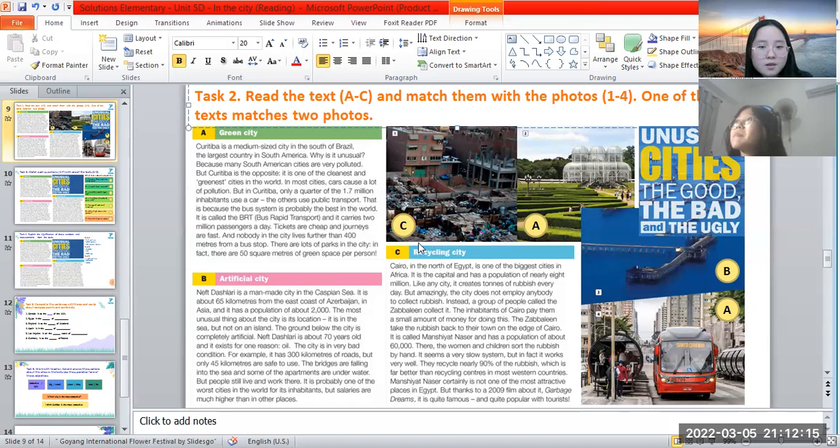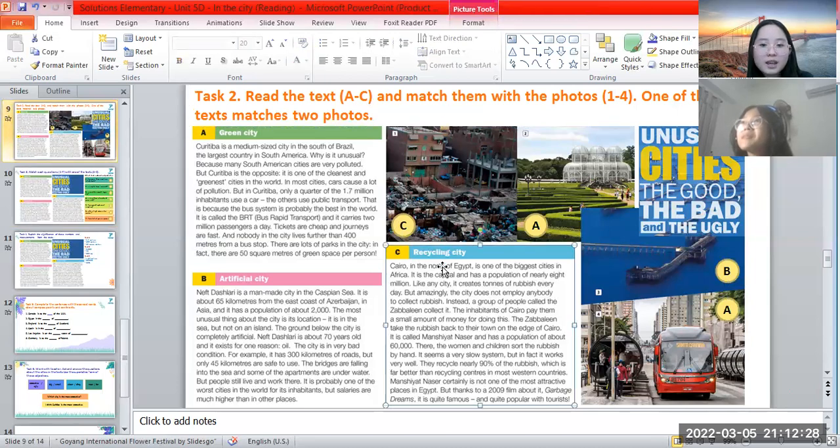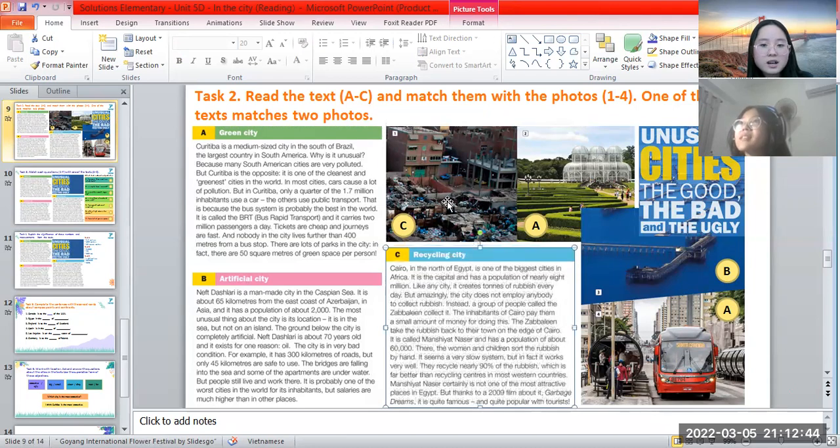And the name. Okay, so you know this one. That's much better, because you know the name of this place. So this place contains tons of rubbish. We can see a lot of slums and rubbish here, so we can choose C, very easy. Okay, so C is for the first picture.